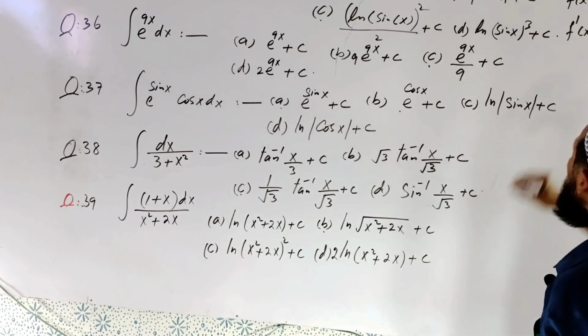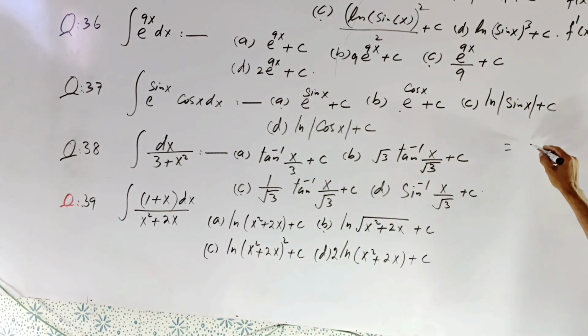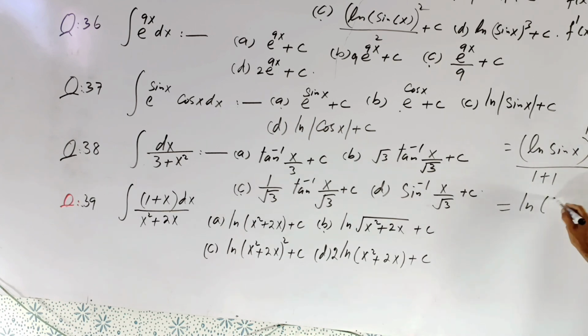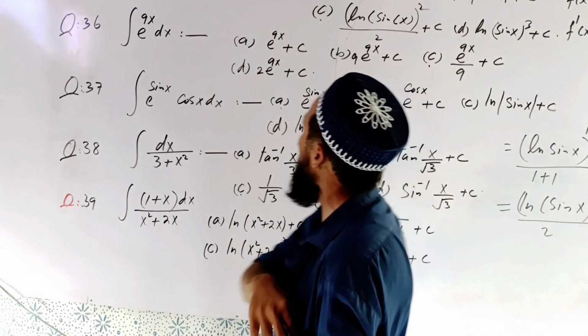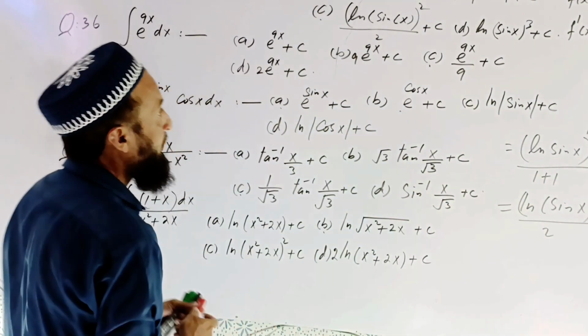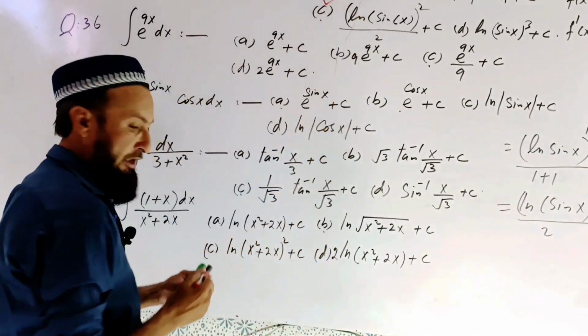So look here, this result is available, so we can write according to the rule f of x to the power 1 plus 1, that is 2, so log of sin x as a whole to the power 2 divided by 2 plus c. So option C is the correct option, according to the formula we have used here.